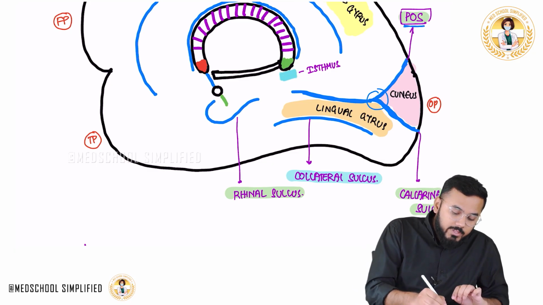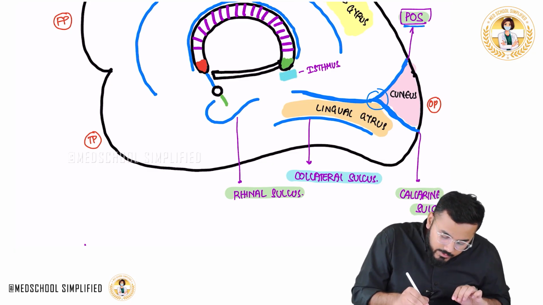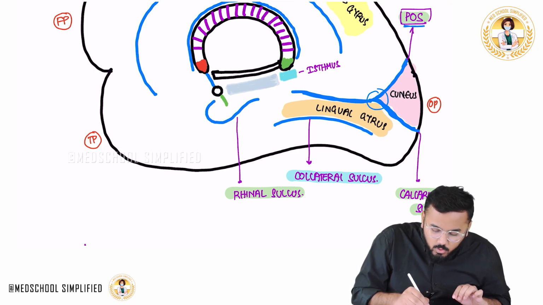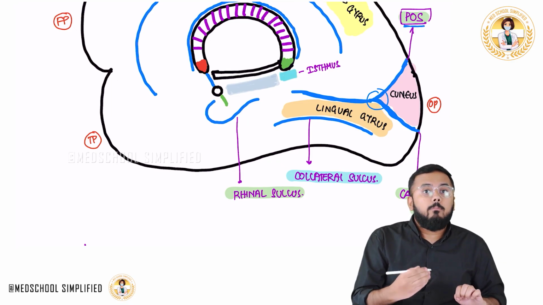Just in front of the isthmus, you have another important gyrus, which is called the parahippocampal gyrus.